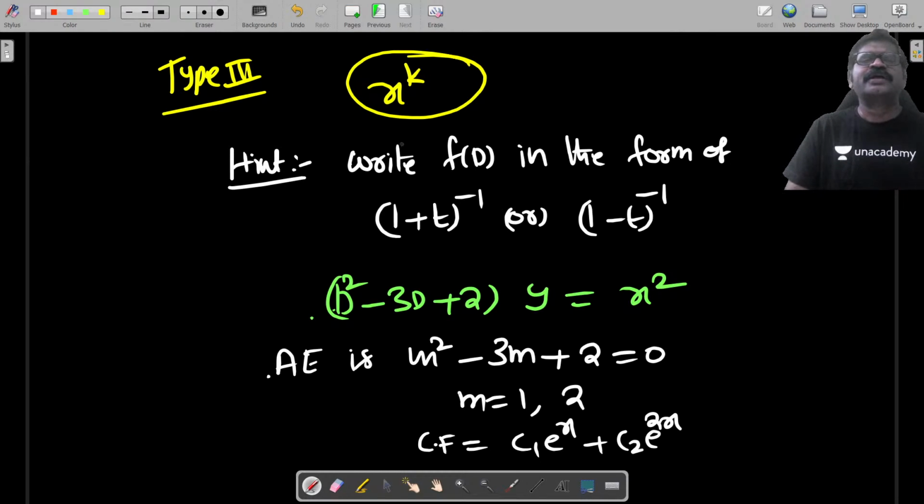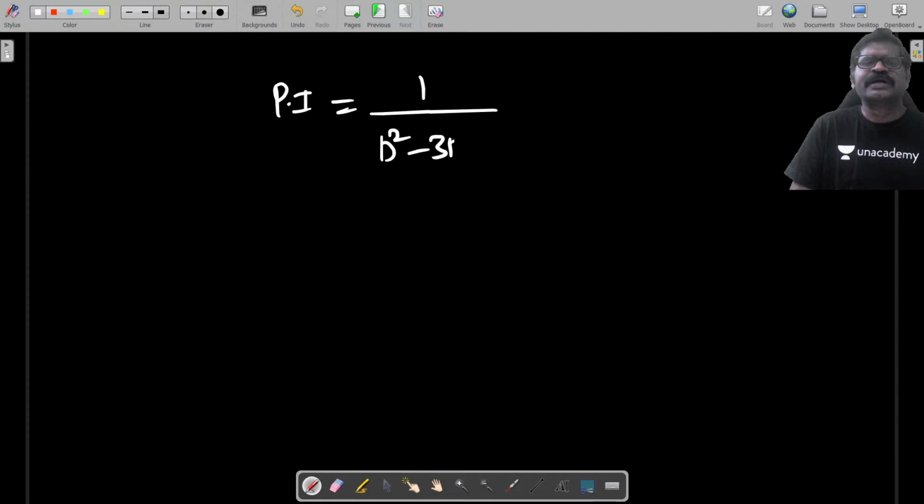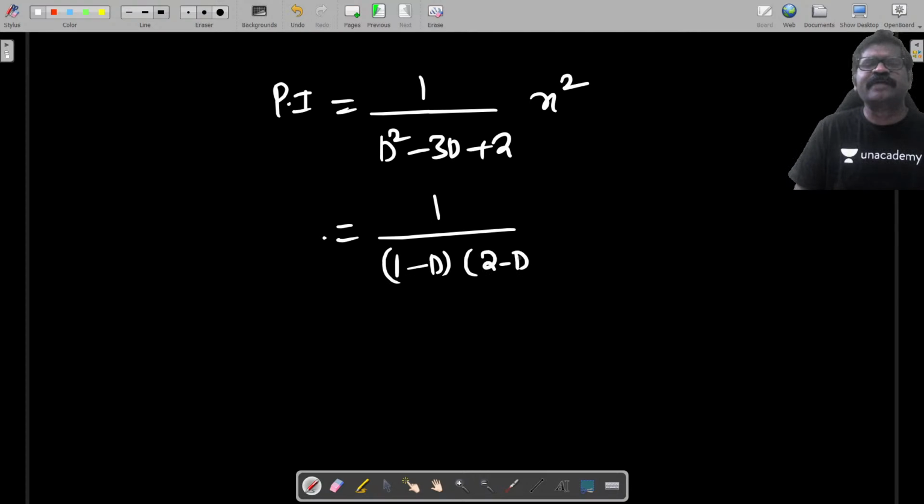Now, the particular integral is 1 by D square minus 3D plus 2 into x square. This can be written as 1 by (1 minus D) multiplied with (2 minus D) of x square.